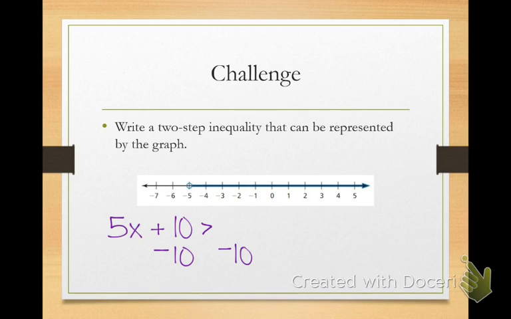Jack? Joel? Aaliyah? 35? Okay, you're on the right track, but no. That would give me a value, 5x is greater than some number here that I could divide, and my answer would be negative 5. Hadley? Negative 10.